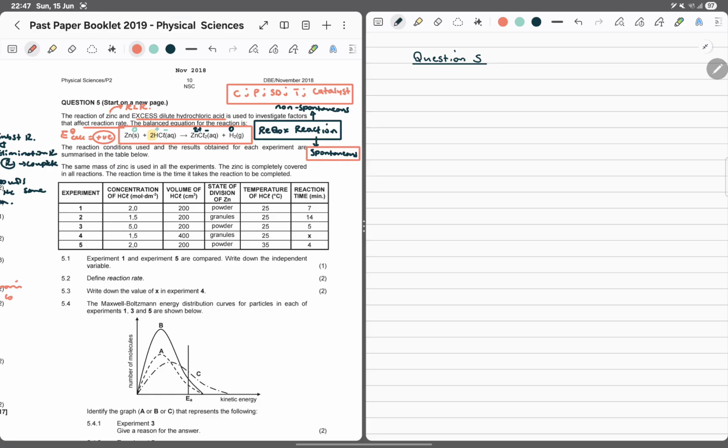Now, if it is spontaneous, what does it tell us? It tells us that the delta H of this reaction is negative, because most, if not all, spontaneous reactions are exothermic reactions. Examples of these are spontaneous redox reactions, when we talk of the galvanic cell or the voltaic cell, and also acid-base reactions.